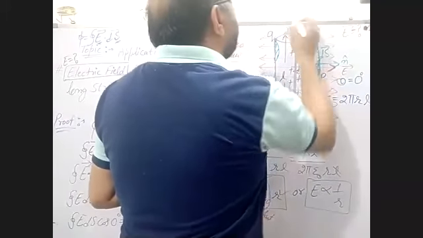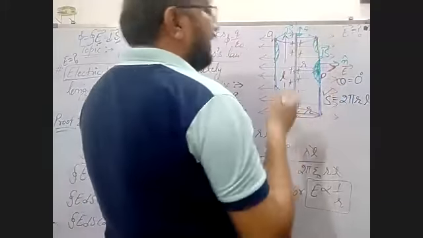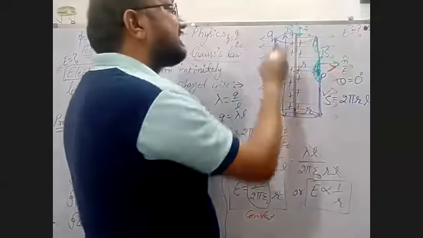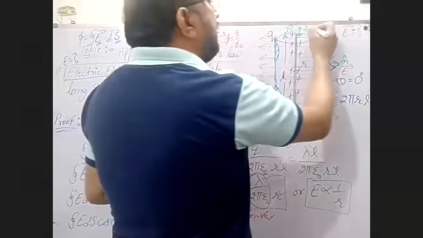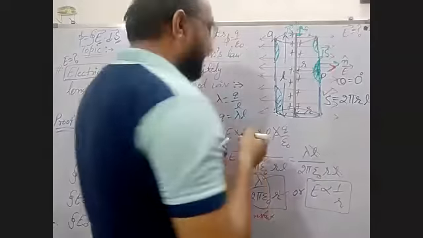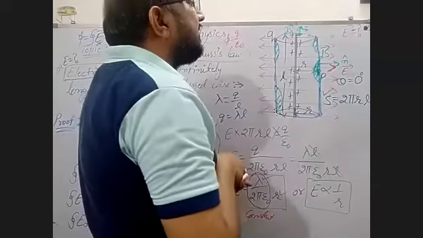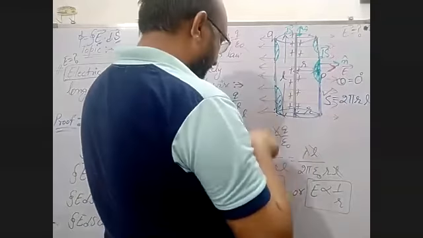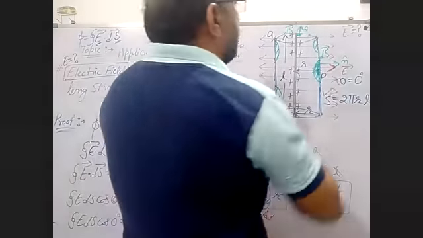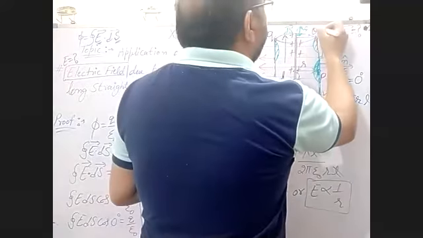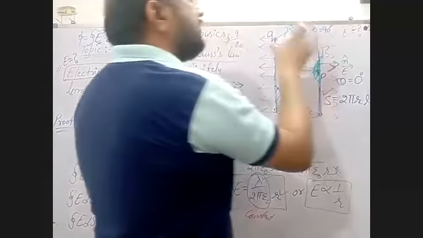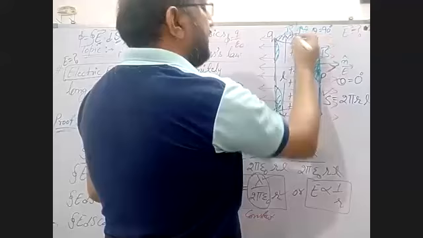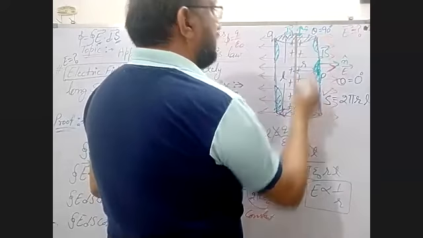So ds vector is in the vertical direction, and you know very well this electric field is in the positive x direction or negative. So from there you can see in this situation electric field and ds vector have angle theta equal to 90 degree. Theta is equal to 90 degree. So you can't take the electric field in this situation, in this portion, or in that portion also.